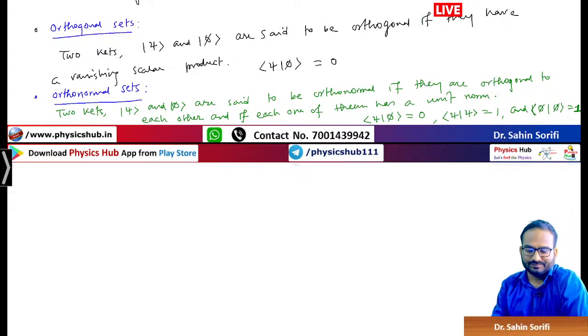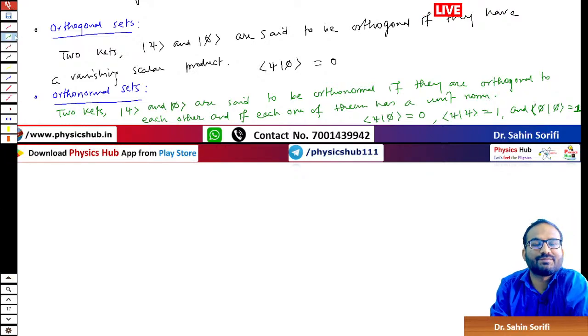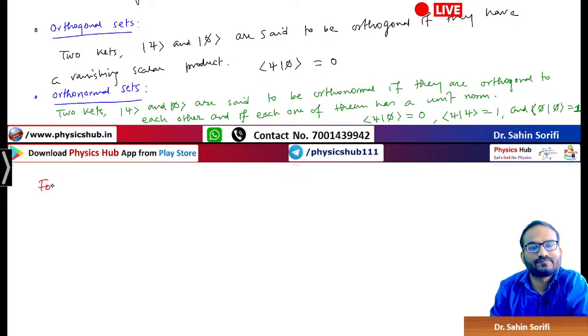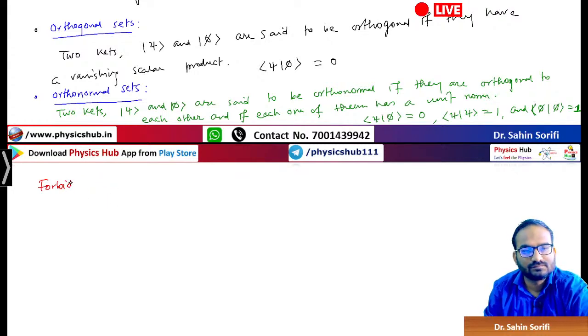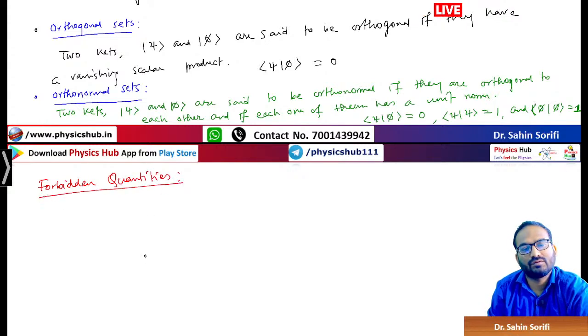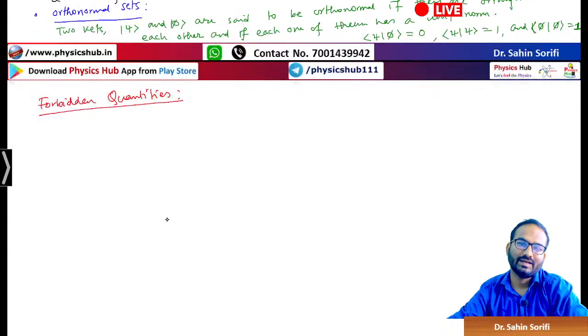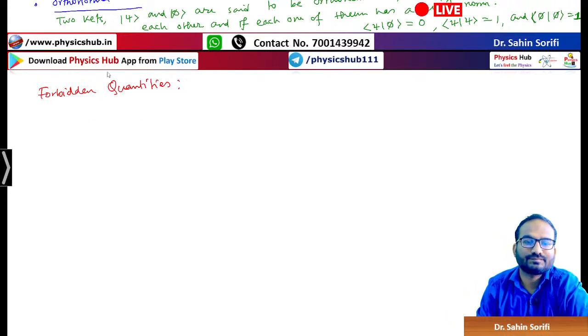Now there are some forbidden quantities which you should remember. You cannot write everything, whatever comes into your mind, arbitrarily in the bracket notation. There are some forbidden quantities as well. What are those forbidden quantities?